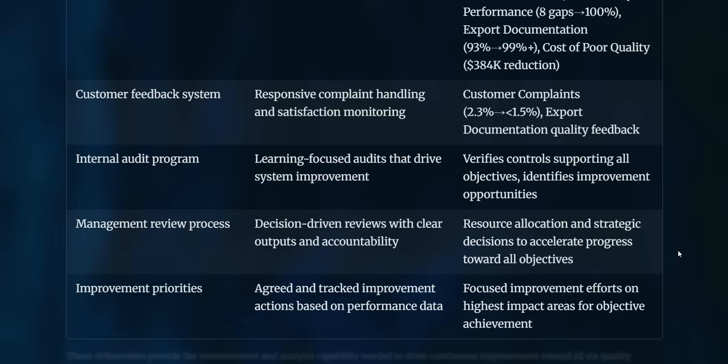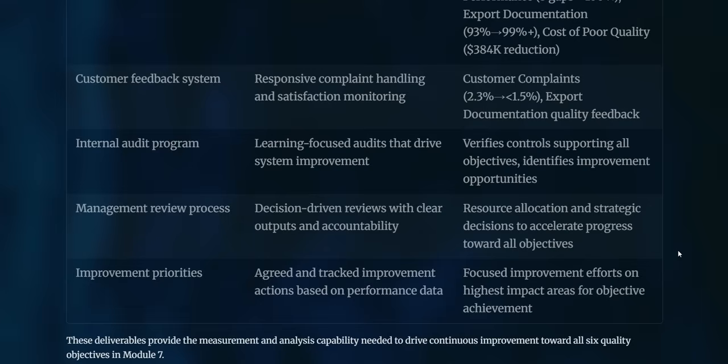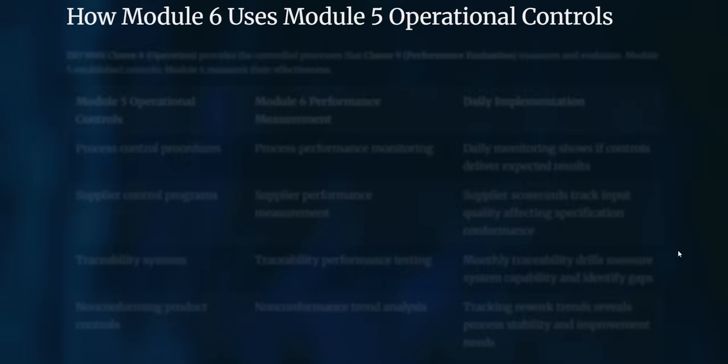The description for improvement priorities includes agreed and tracked improvement actions based on performance data. The objectives focus with improvement priorities is to focus improvement efforts on the highest impact areas for objectives achievement. These deliverables provide the measurement and analysis capabilities needed to drive continuous improvement toward all 6 quality objectives in Module 7.